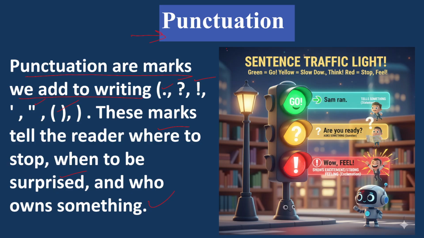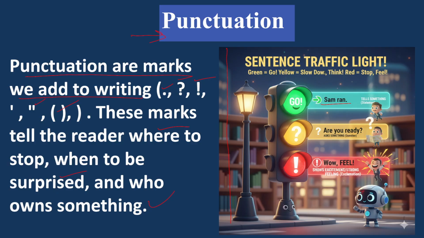Now, the concept is clearly visible in this picture as well. Yes, Sam ran. It means go, move. When the thought is complete, we use a full stop at the end of that sentence.